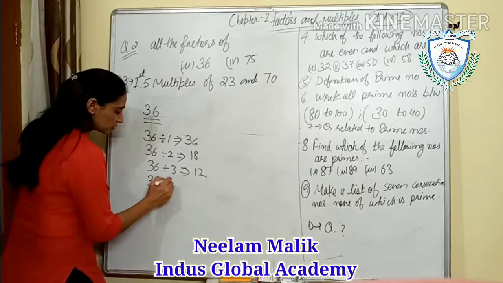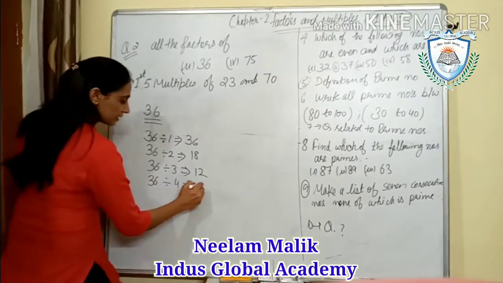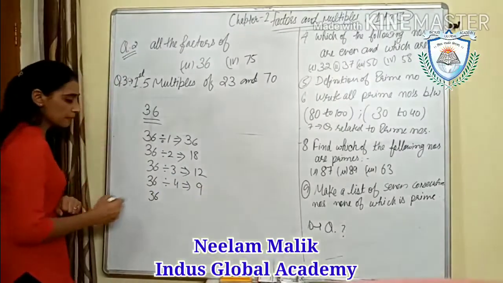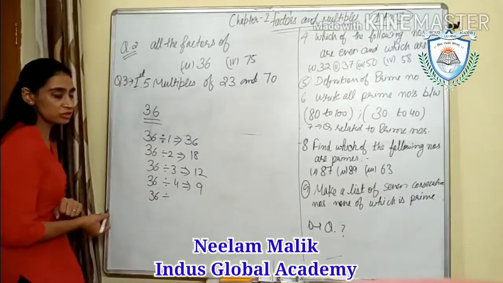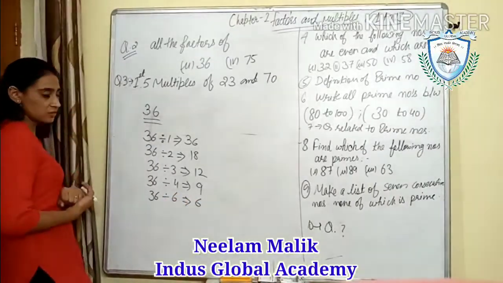Now divide 36 by 4, we get 9. It is not divisible by 5, so divide by 6, we get 6.